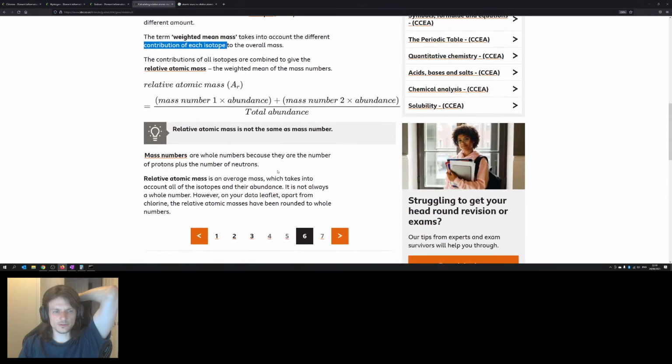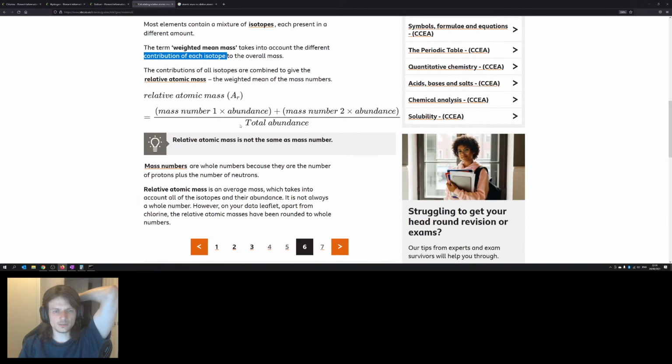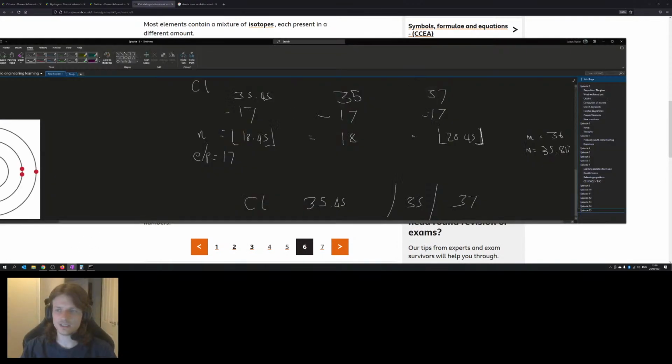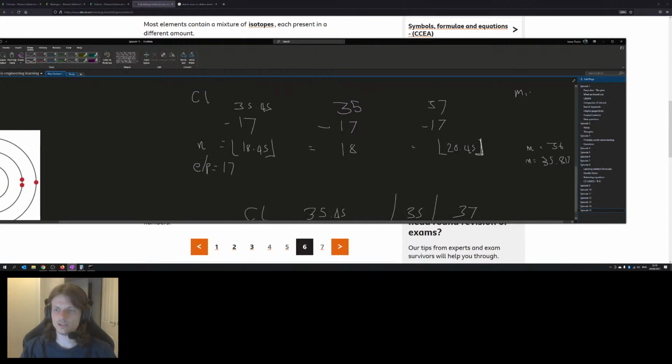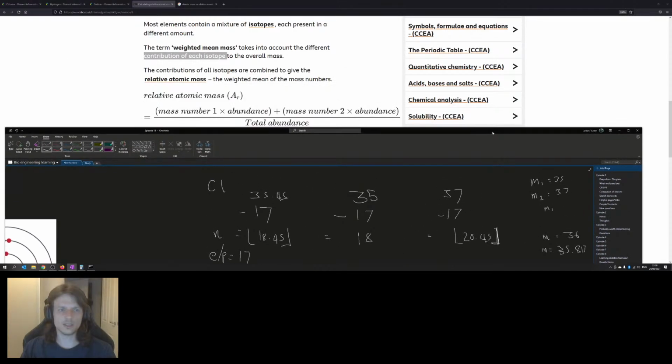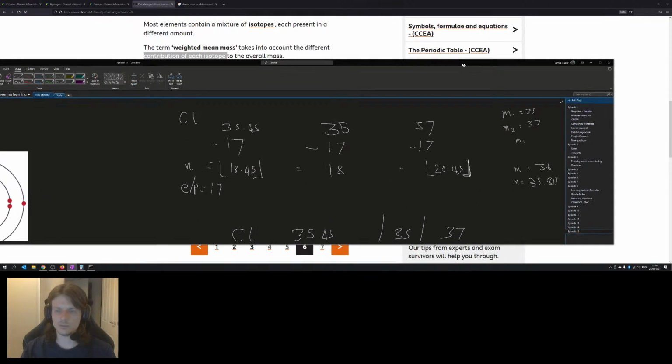So what is the output of this then? Divided by total abundance. So the mass number of 1, so let's say M1 is 35, M2 is 37, so it's going to be M1, mass number 1.